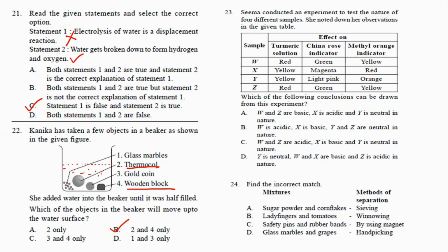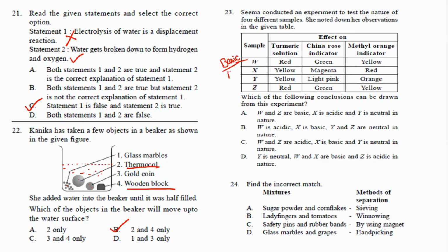So, from the statement, what can you find out? Turmeric solution becomes red. That means what? W is some basic sample, right? X, turmeric solution yellow. Okay. So, what can it be? It is remaining the same thing, right?